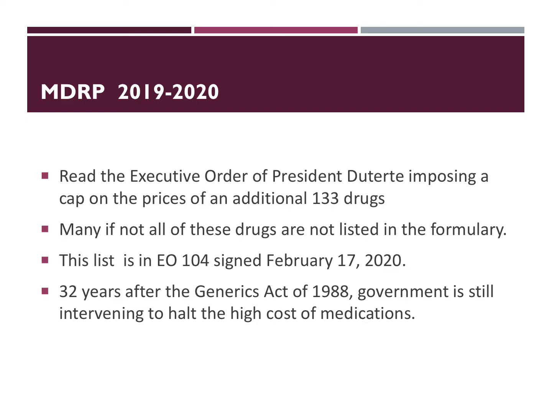It's really, in a sense, not surprising, but challenging that 32 years after the Generics Act was first implemented, the government is still intervening to halt the high cost of medications. Because this is really true. We do have prices that are so much higher than even our Asian neighbors. I think that's my last slide for the lecture.